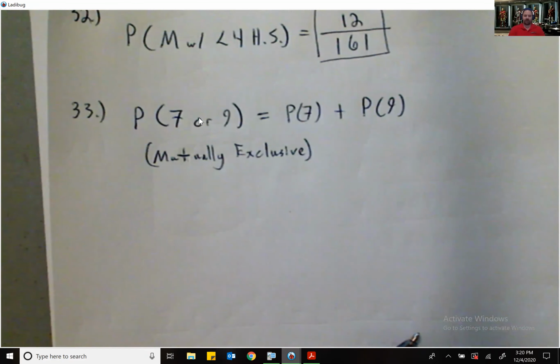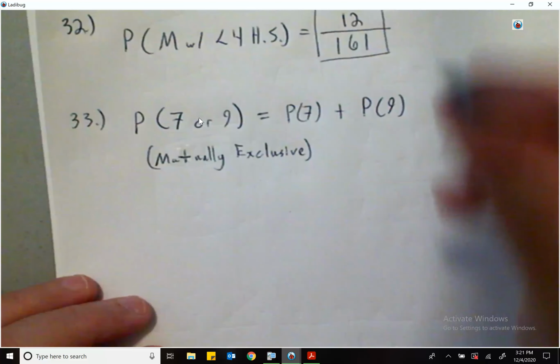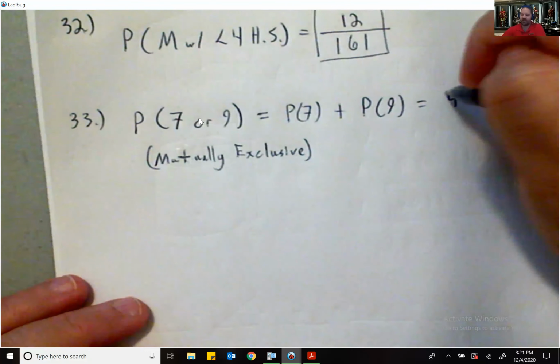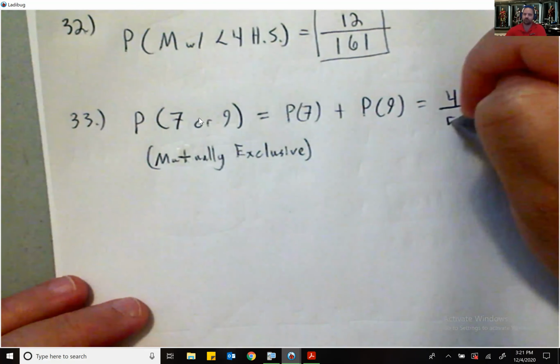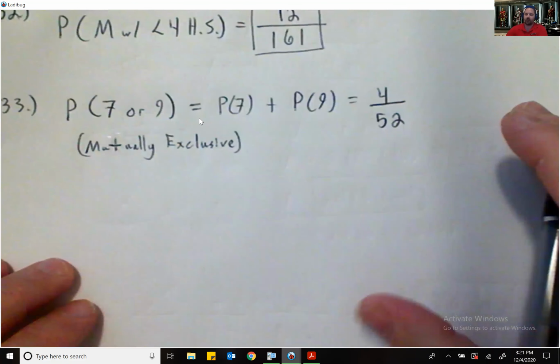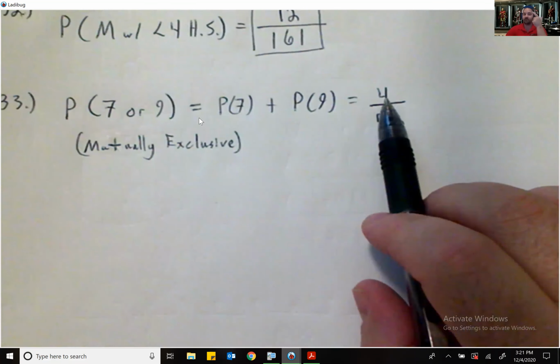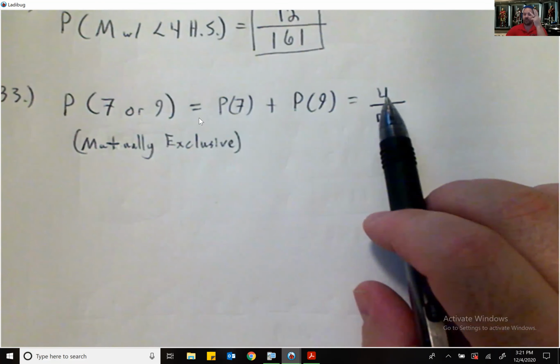So the first thing is finding the probability of 7. What is the probability of drawing a 7 out of a deck of cards? 4/52. You got it. There are 4 7s out of 52 cards, because there's the 7 of hearts, diamonds, clubs, and spades.